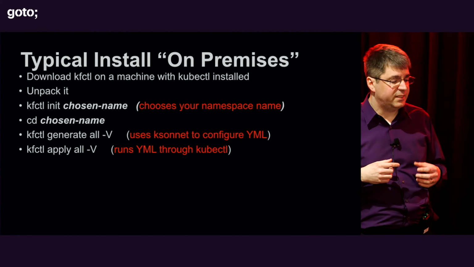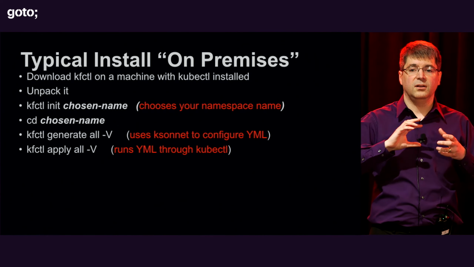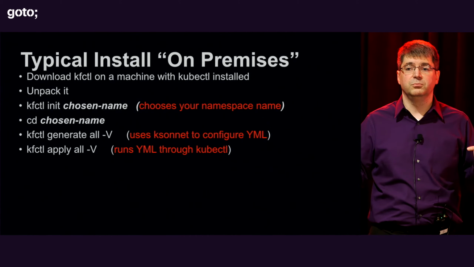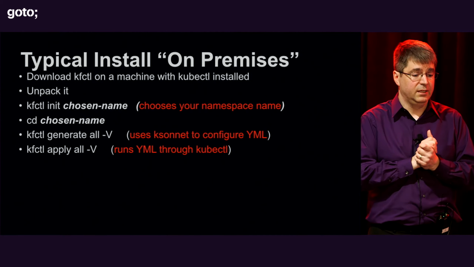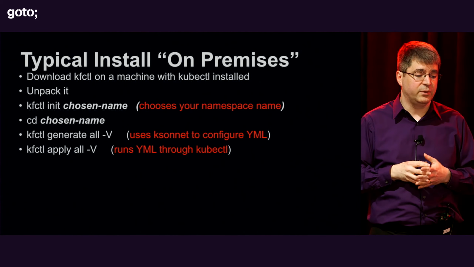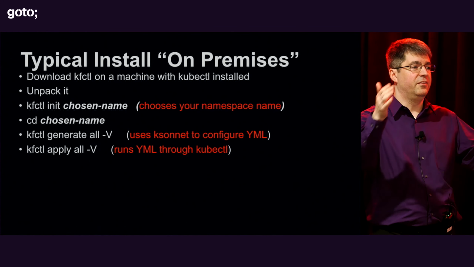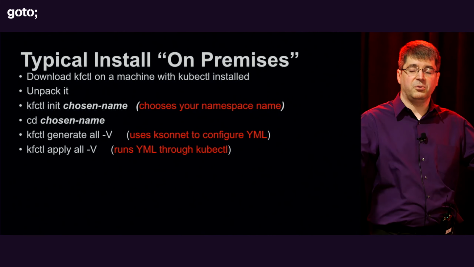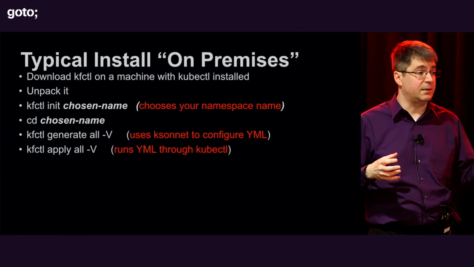What this does is it goes in under the hood and configures all of the YAML that your installation is going to need in order to put Kubeflow up on your pre-existing Kubernetes cluster. So it basically interacts with the kubectl configuration files, and it says, okay, this is where this person's Kubernetes cluster lives. Here are all of the parameters I need to swap into these YAML files in order to get them set up.